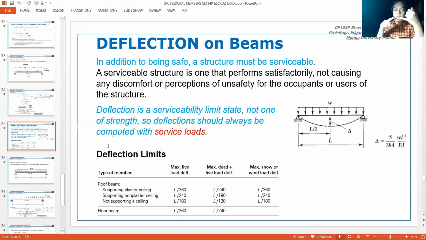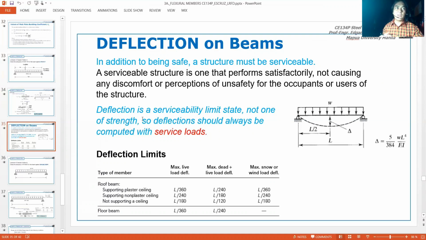Again, yung flexure at saka shear, these are two strength requirements. Yung deflection naman is serviceability. So again, in addition to being safe, a structure must also be serviceable. Serviceable structure is one that performs satisfactorily, not causing any discomfort or perceptions of unsafety for the occupants or users of the structure.